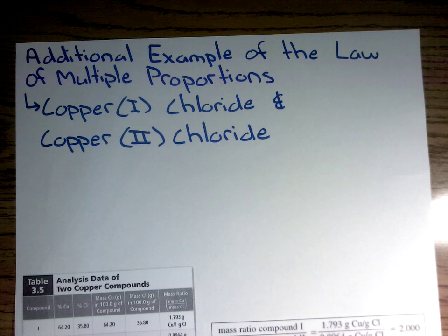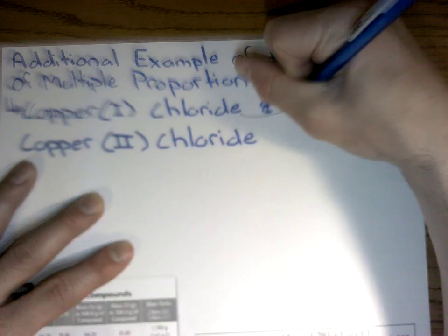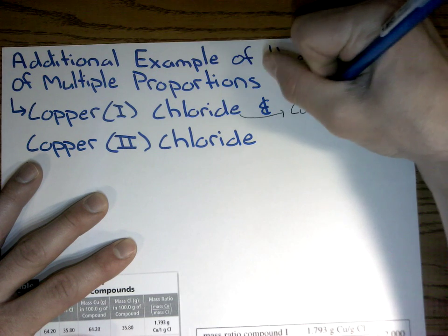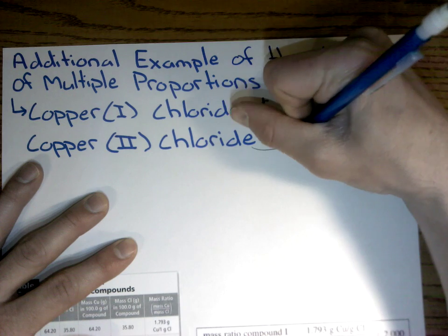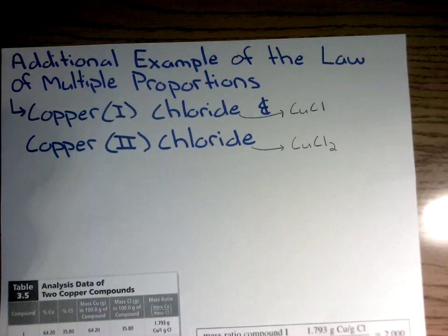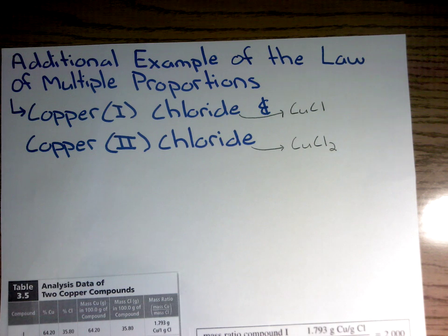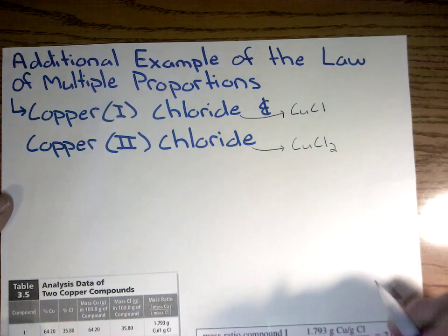Okay, so we have copper(I) chloride and copper(II) chloride. I want to write out the formulas here. Copper(I) chloride has the formula CuCl, and copper(II) chloride has the formula CuCl2. Copper(I) chloride is going to have half as many chloride ions, or Cl's, as copper(II) chloride.